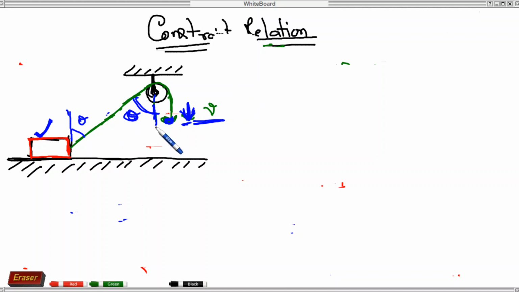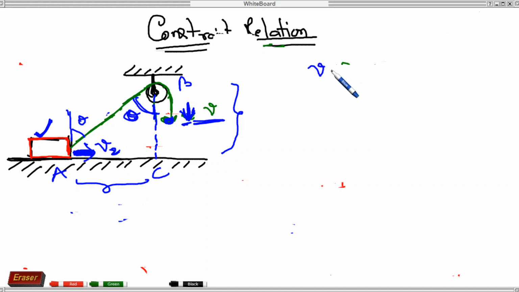So let's create a triangle. Suppose this one is A, this one is B, and this one is C. This part is fixed, but this one is not fixed. Suppose the block is moving in this direction with v2, and we have to find out what v2 is.